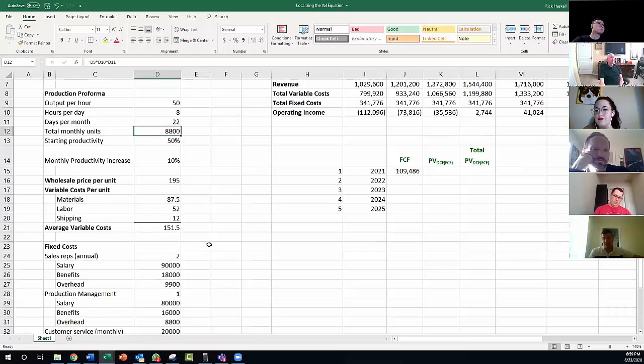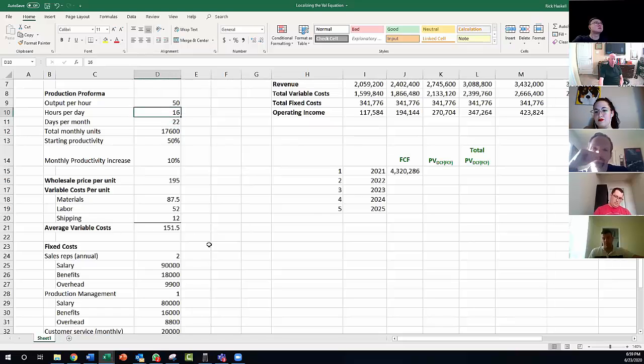If I was going to run this in 2 shifts instead of 1, I would put 16 hours. And again, there's nothing magical about how I've done this. This is simply an exercise in critical thinking, commonsensical thought with respect to the creation of revenues and the creation of expenses to get to some operating margin or income. Let me put this back to 8.